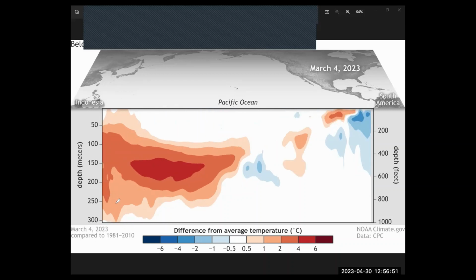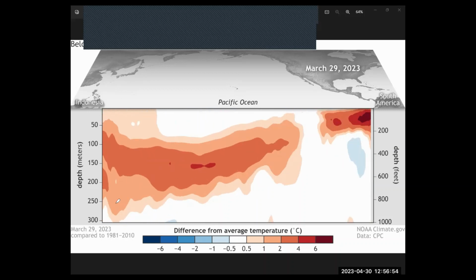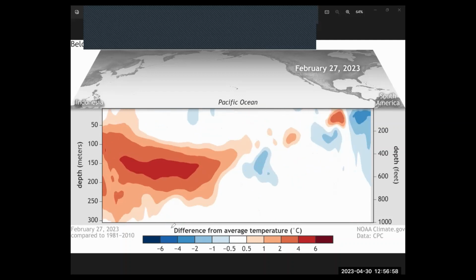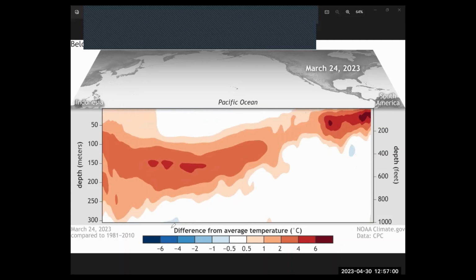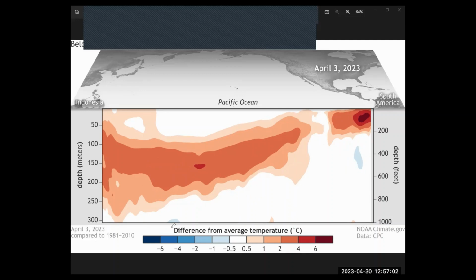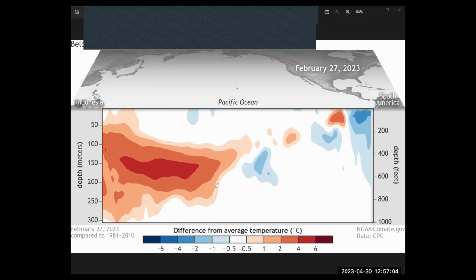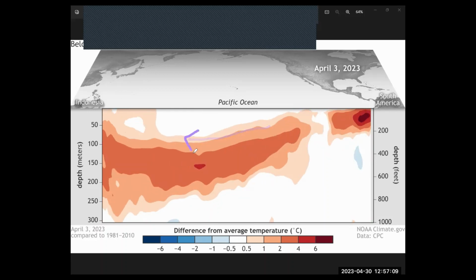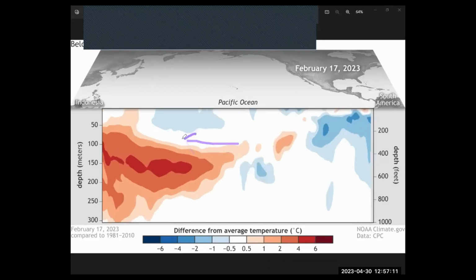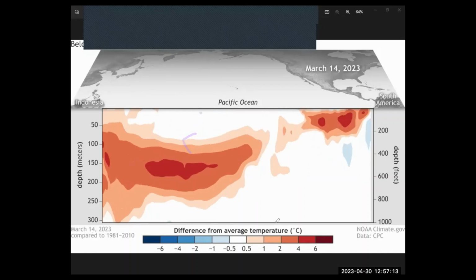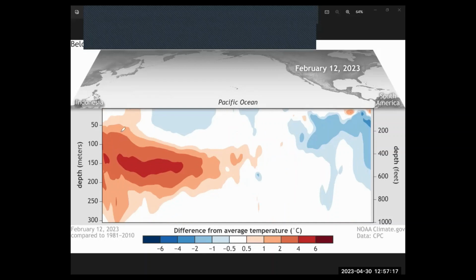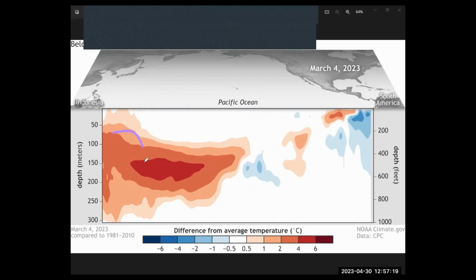What's happening with this downwelling phase of the Kelvin wave is that normally winds blow from east to west across the tropical Pacific, which piles the warm water in the western Pacific. So the air is moving normally at the surface this way, and that warm water is piled up on this side of the Pacific over here.